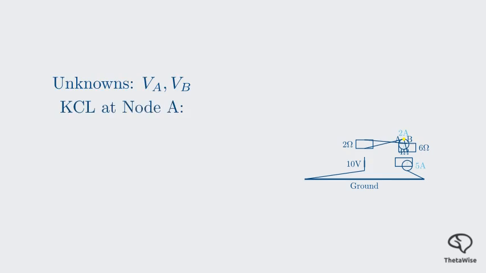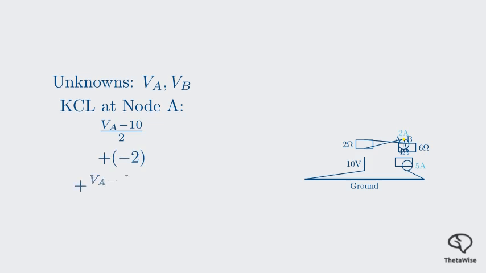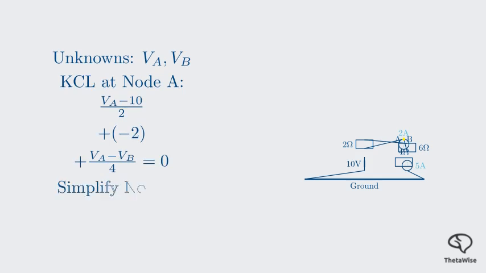Now let's write the KCL equation for node A. Remember, sum of currents leaving equals 0. The current leaving through the 2 ohm resistor is VA minus 10, divided by 2. The current leaving through the middle branch is a 2 amp current source flowing in, so the leaving current is negative 2. The current leaving through the 4 ohm resistor is VA minus VB, divided by 4. Let's simplify this.